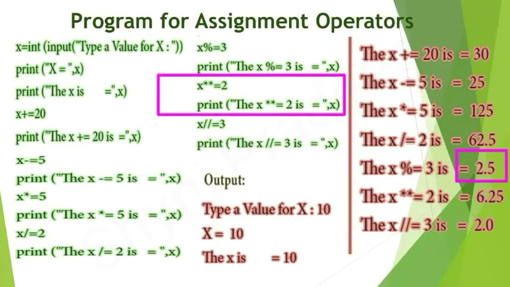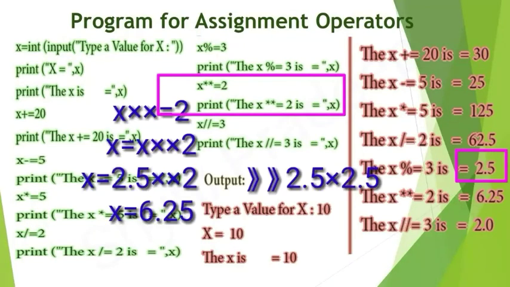Next, x exponent equals 2. Print the x exponent equals 2 value of x. First you have to do the exponential calculation for x and 2 and assign that result to the x variable. So x = x ** 2.